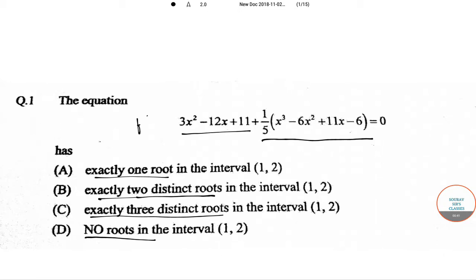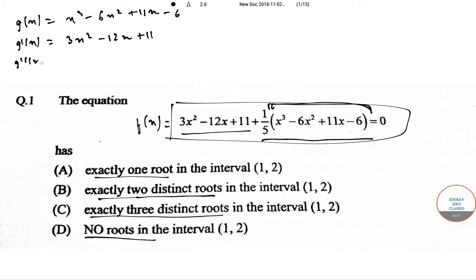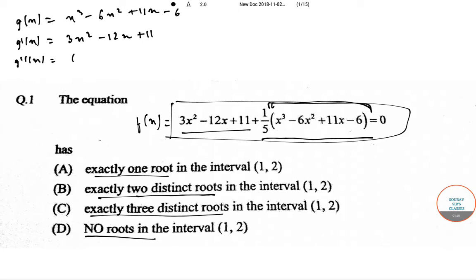Well, we have been given that f(x) is equal to this function. Now let us take g(x) to be this part. So g(x) = x³ − 6x² + 11x − 6. Then g'(x) = 3x² − 12x + 11, and g''(x) = 6x − 12.